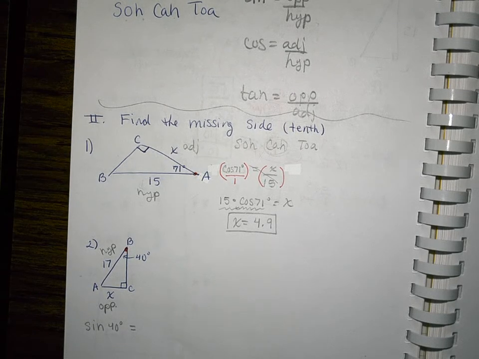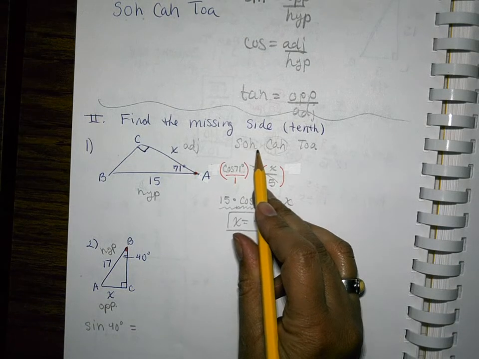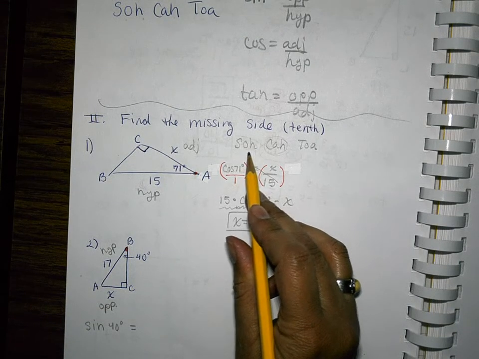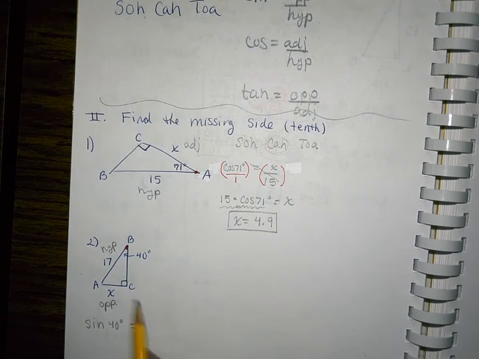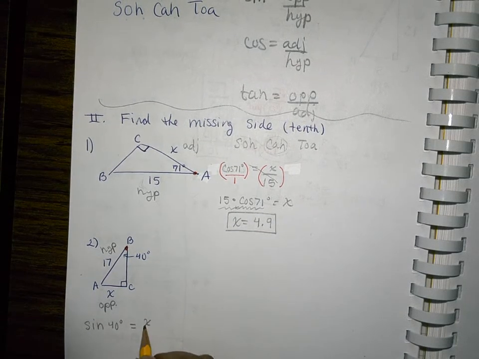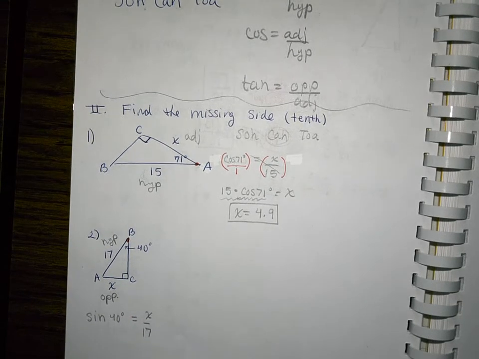equals opposite over hypotenuse. So when we do that, we have opposite, which is x, over hypotenuse, which is 17. I'm going to put a 1 under here.